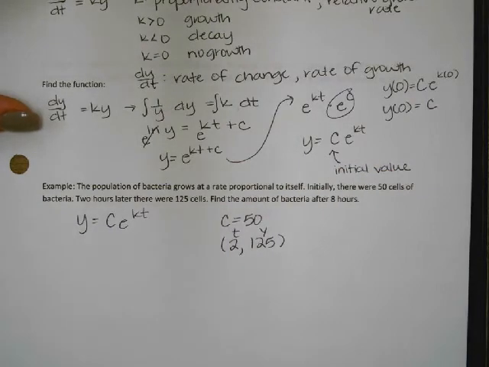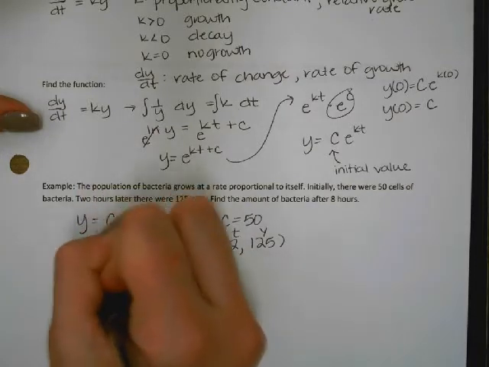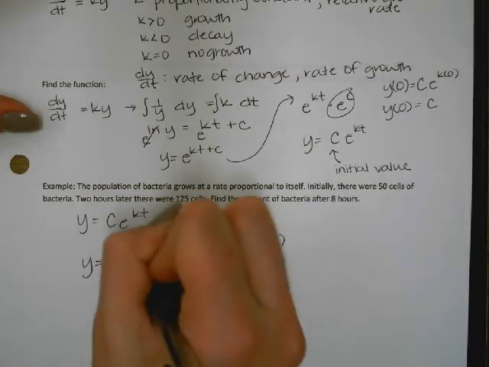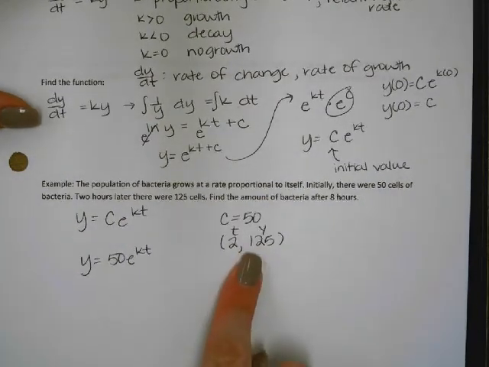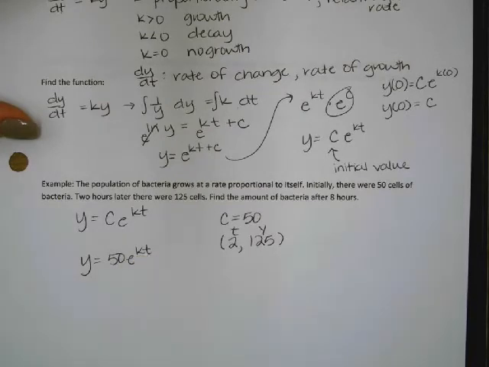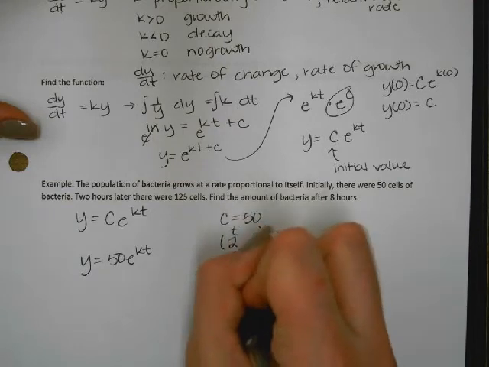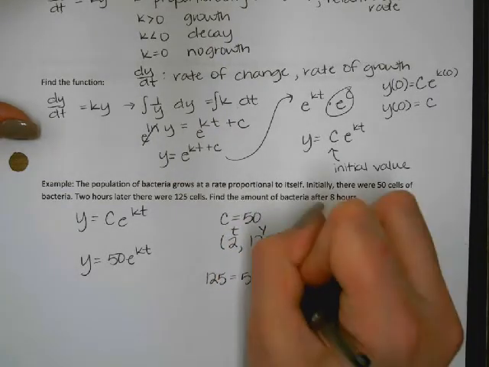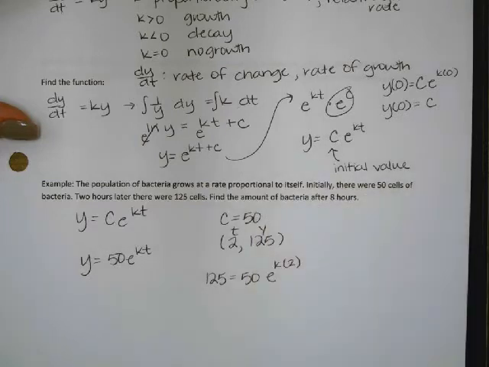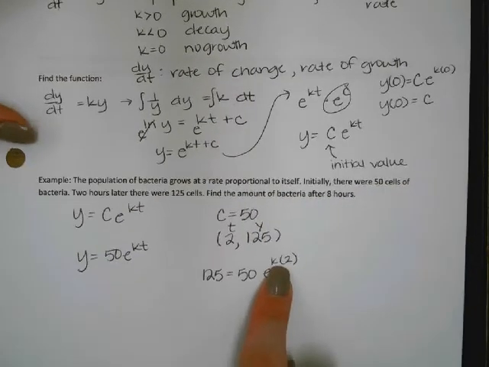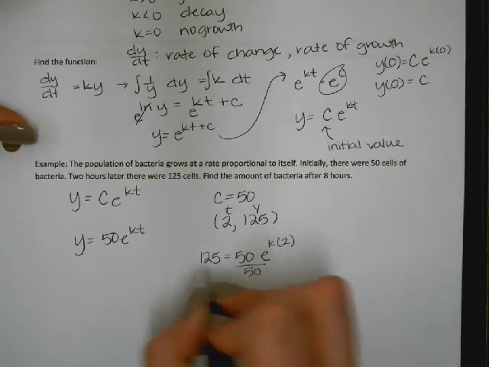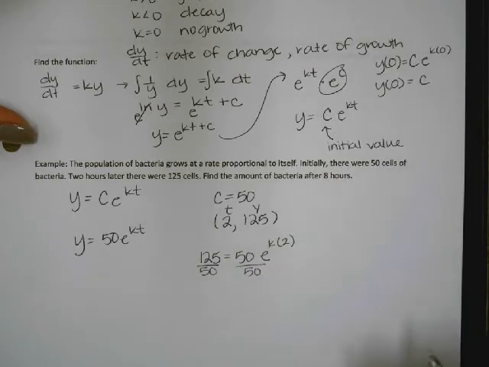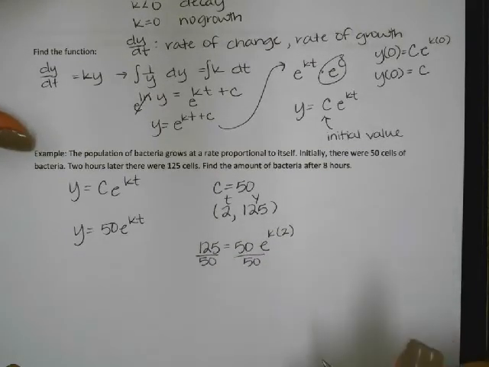So I'm going to start off just saying, all right, I know that this equation is 50e to the kt. And now I want to use this other information that I have, this other point, to figure out what this constant is right here. So I'm going to say 125 equals 50e to the k times 2. And then I'm going to get to where I can solve that for k. So I'm going to start moving things away from the k. So I'll divide by 50. And that is 5 over 2, or 2.5.